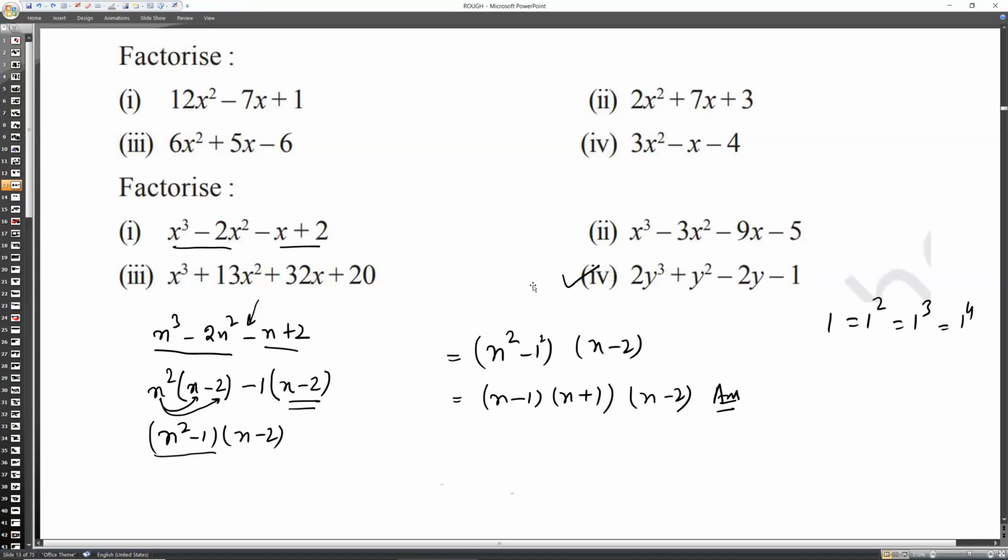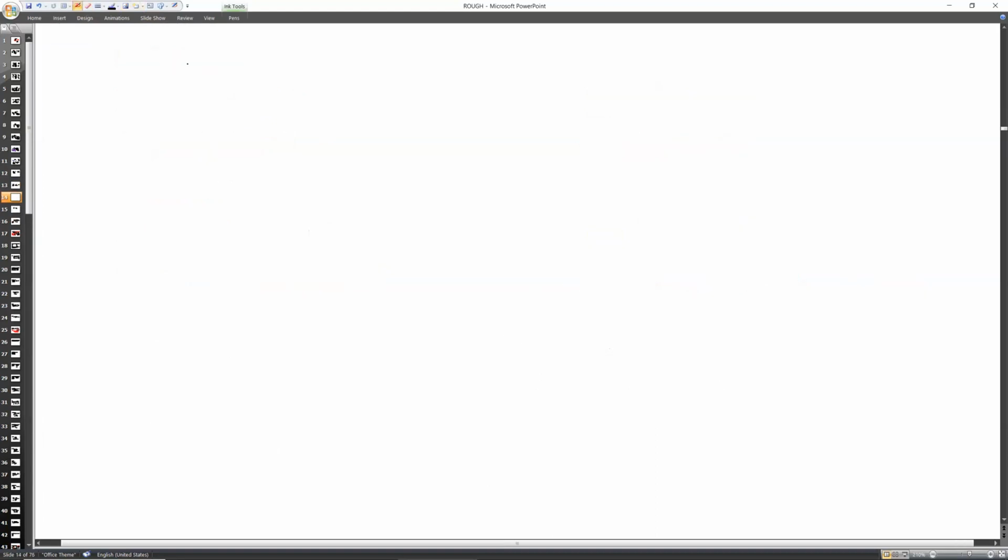Okay, so the next question: 2y cube plus y square minus 2y and then plus 1. I think so.